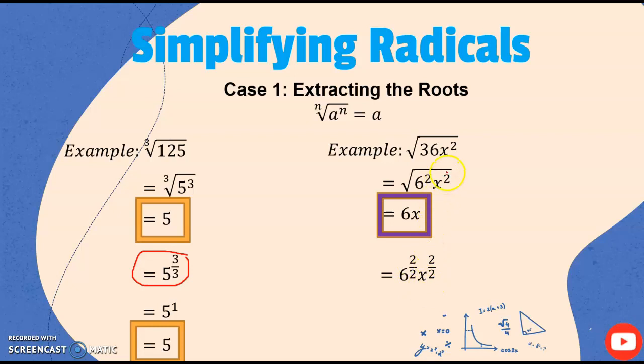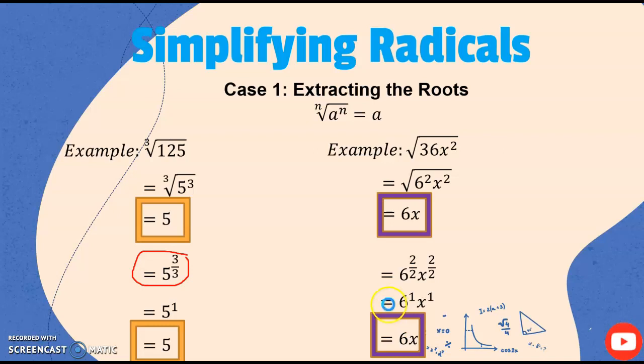Then x to the power of 2 over 2 also, which is 6 to the power of 1, x to the power of 1, and in simplified form you will come up with 6x, right? So again, there's no need for us to write 1 as exponent. If there's nothing written there, it's understood that there is 1 in the exponent.